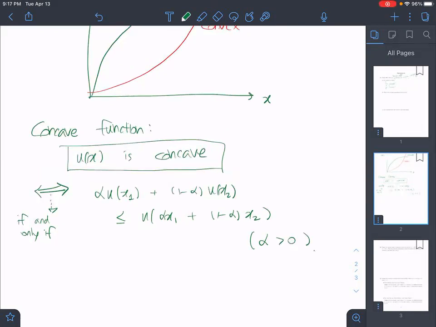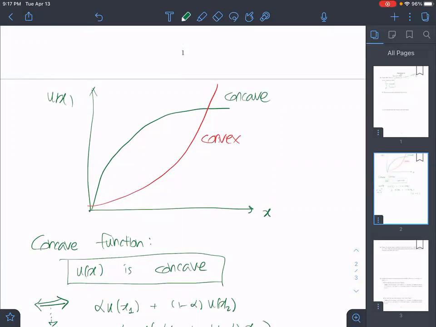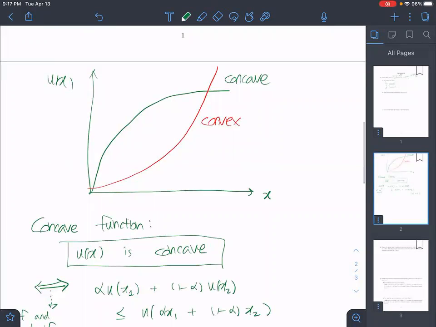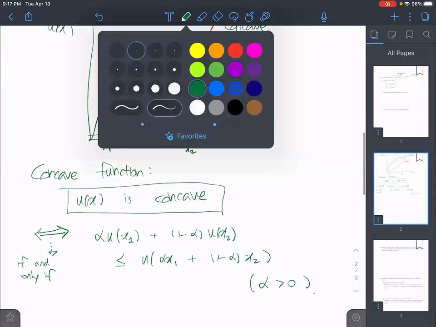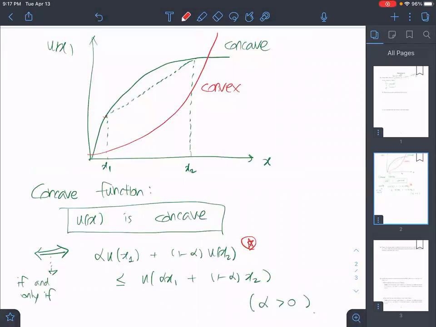It looks a bit unintuitive, so let me show you the intuition. If I draw a dotted line like this, suppose that this is x1 and this is x2. What is this red star here? The left-hand side of this inequality is an average between two function points, between here and here, so it will be somewhere around here.